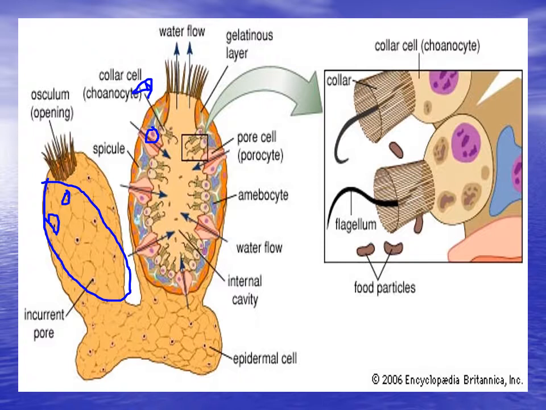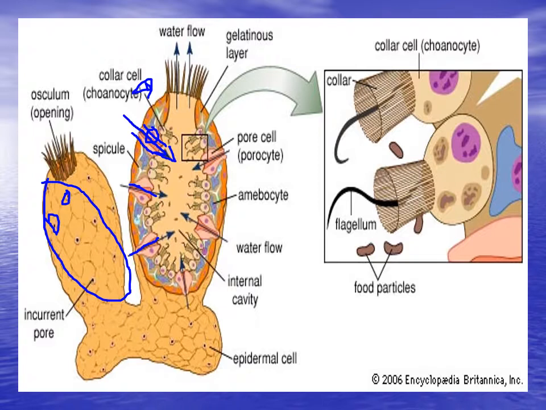So that means that this cell here on this side, and there's another cell on the other side, these are pore cells, and they can swell up and get smaller to allow more or less water to come in through the opening, that pore. We also see one here, and you can see a pore here, and as you can see, they go all around.